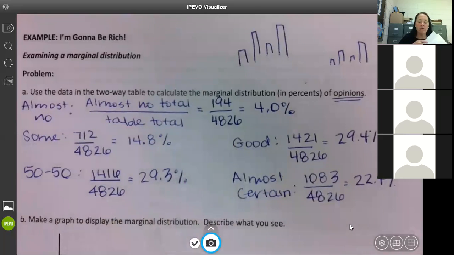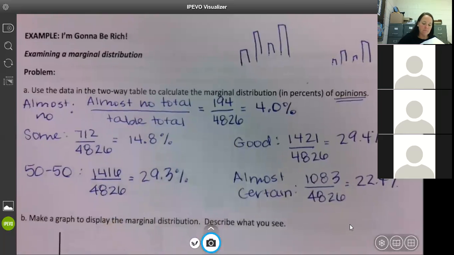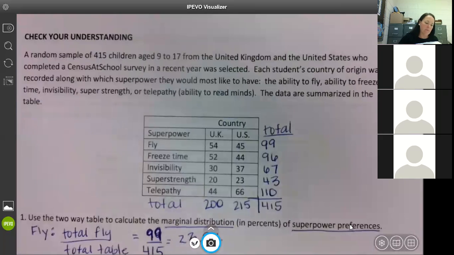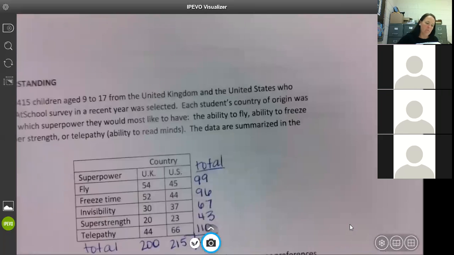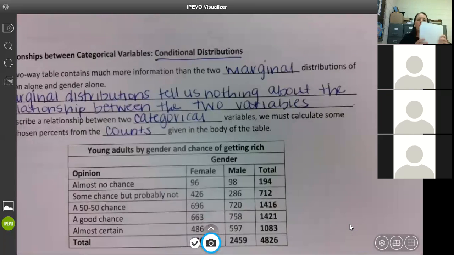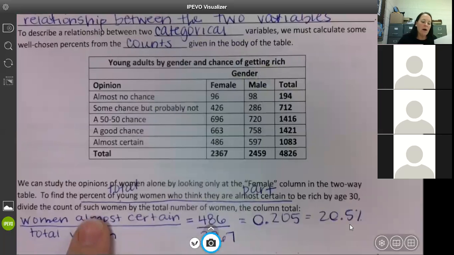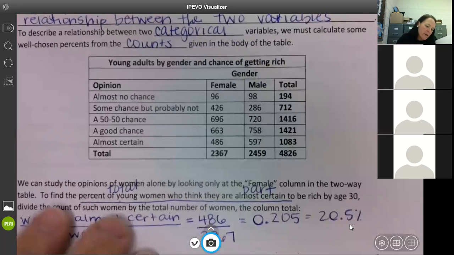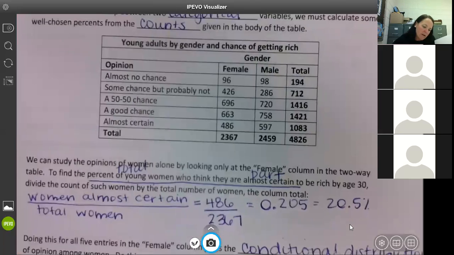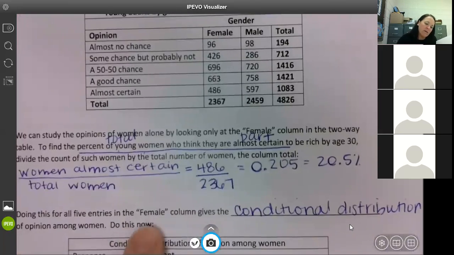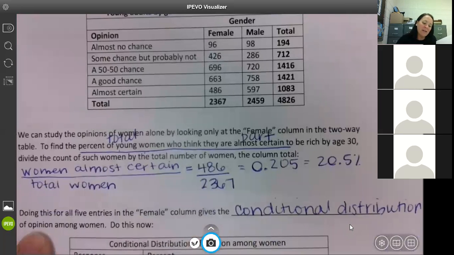But then when you do conditional, they'll put a condition on it. So it doesn't just say of the opinion. They'll say, the female column gives a conditional distribution of opinion among women.